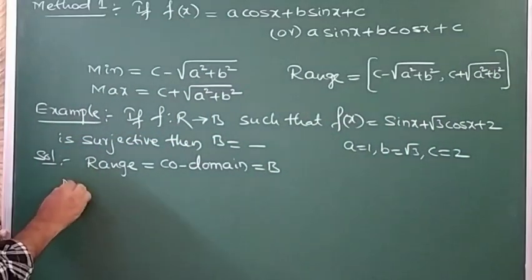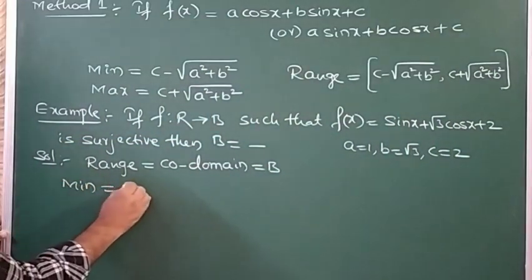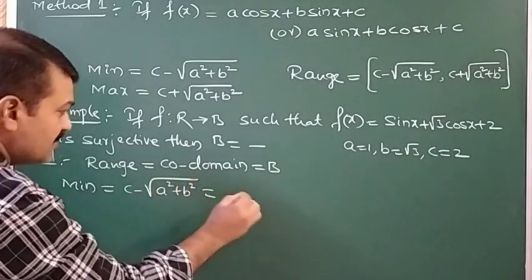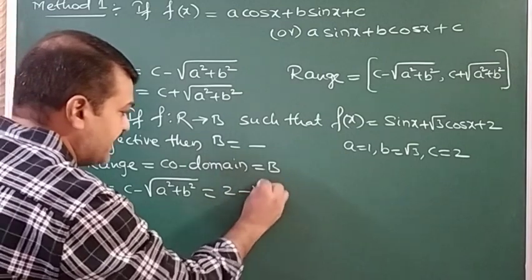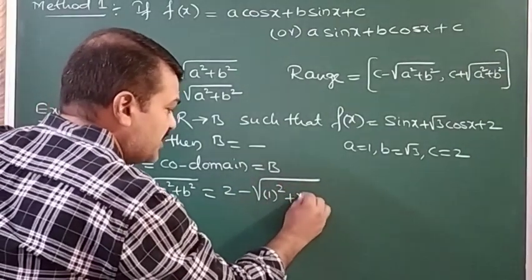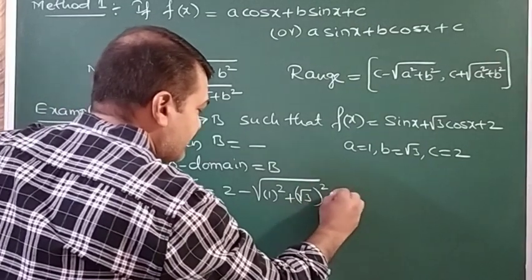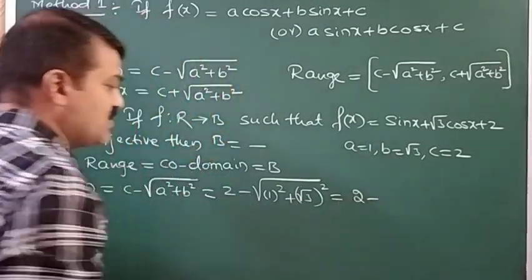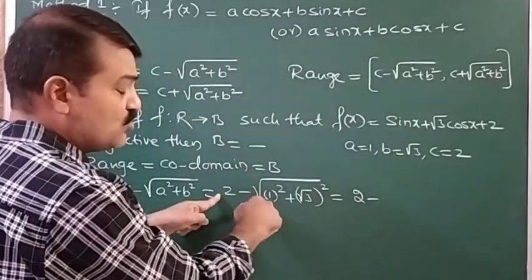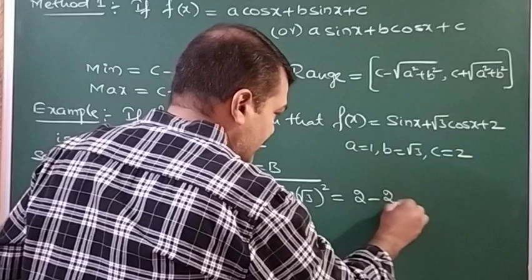The minimum value is c minus root over a square plus b square. What is c? 2. So 2 minus root over 1 plus 3, that is 2 minus root 4, so 2 minus 2, 0.